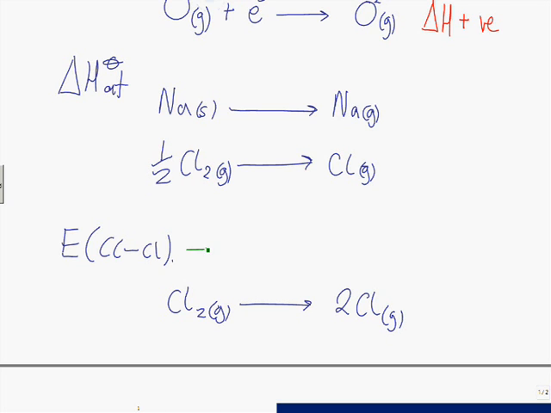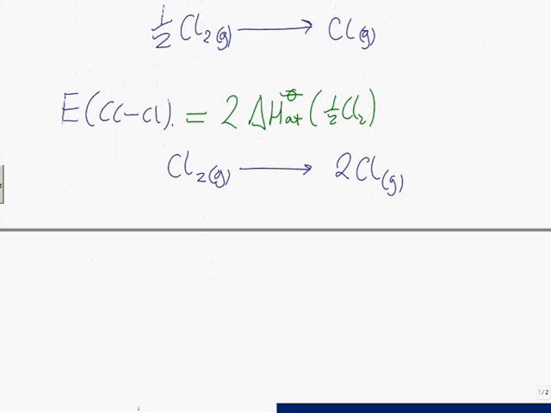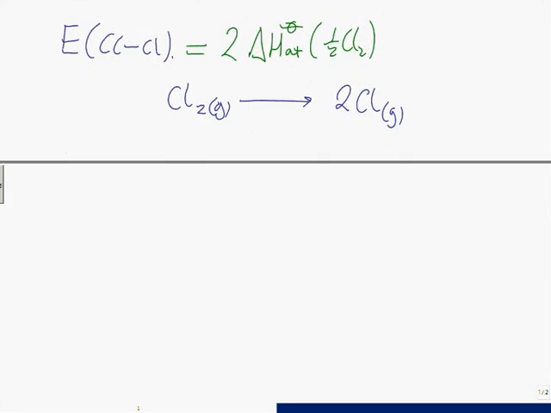And that, of course, you can see is equal to twice the standard enthalpy of atomization of chlorine. So you have to be a little bit careful with some of these definitions. Make sure that you understand what they are and what they mean.